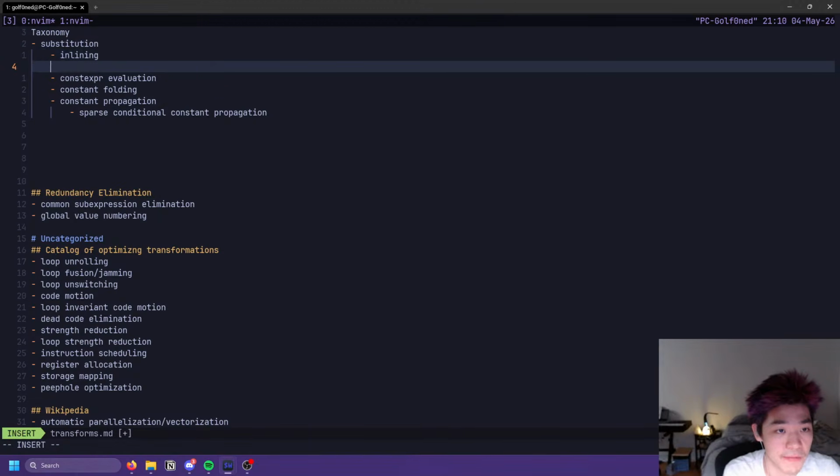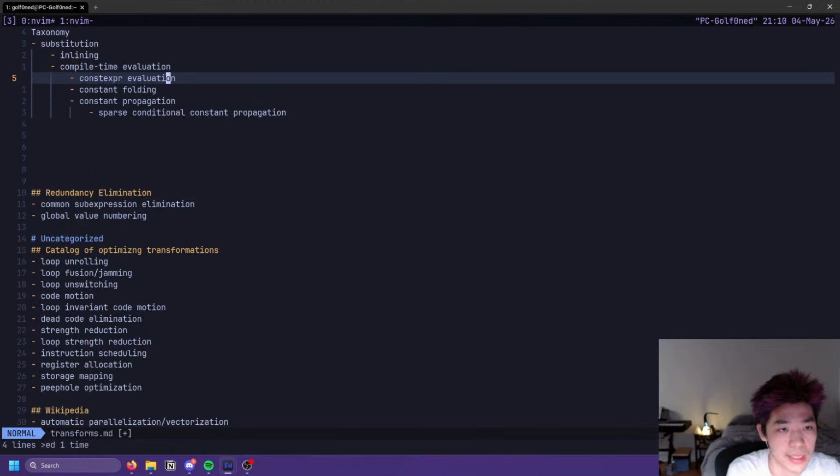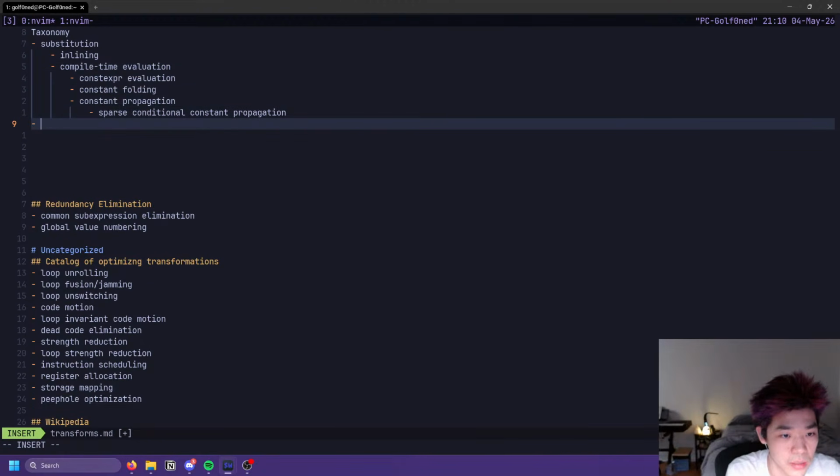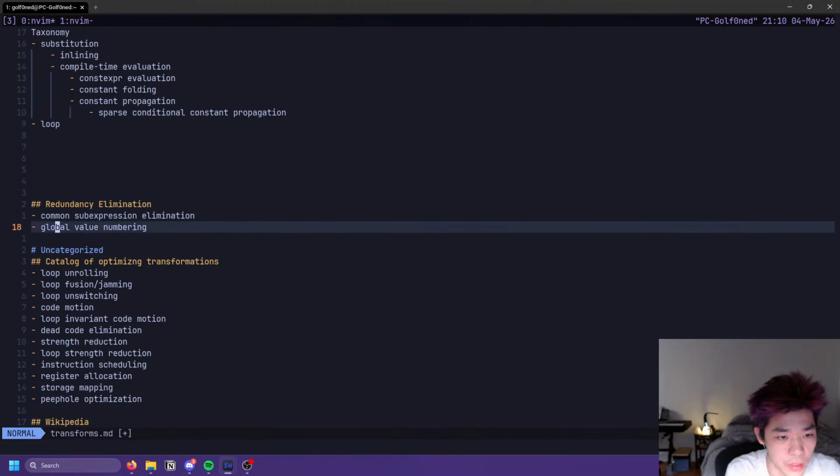Okay, so we have inlining, and then we have, I guess, compile time evaluation. So this gets tabbed over like that. Loop. We can throw the loop stuff into one pile.